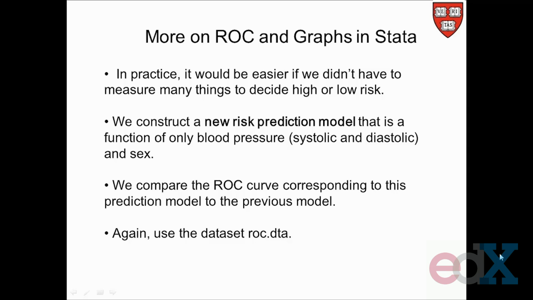It's going to contain systolic and diastolic blood pressure as well as sex. And then we're going to compare Model 1, which was the original model with lots of factors, and Model 2, this new model with only a few things in it, and we're going to see which model provides the better prediction model. So now open up the ROC.dta dataset within STATA.